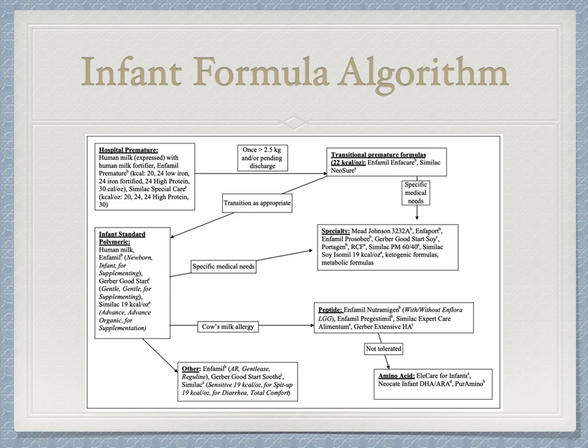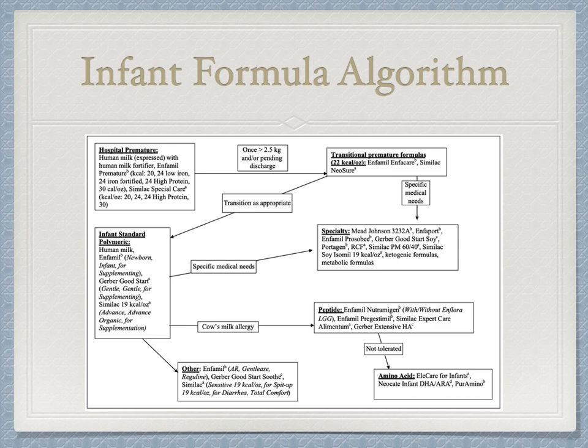Looking at the infant formula algorithm, you can see the premature classifications up at the top. And like I said, we really wouldn't be getting into the NICU, but these are some of the ones you would see. Of course, the gold standard is breast milk, and if that isn't possible, we will use donor milk in many cases.